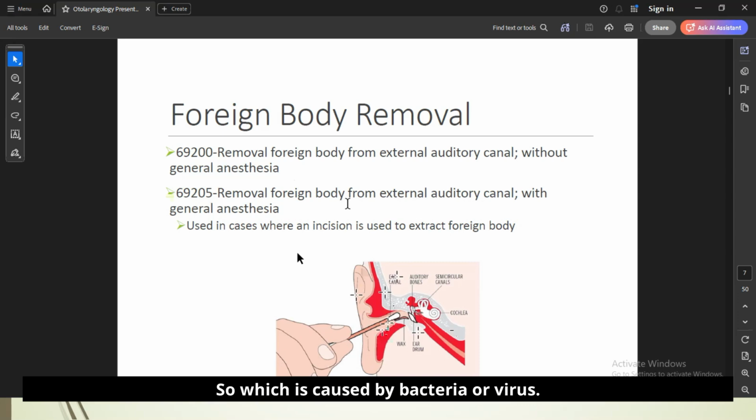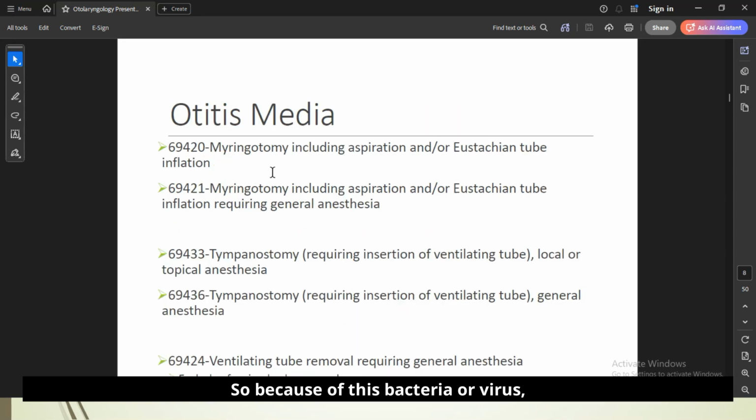It is caused by bacteria or virus, and because of this the patient has fluid accumulation in the ear, which causes severe pain, fever and hearing loss. Most of the time, with medications, otitis media disappears after 3 to 5 days.